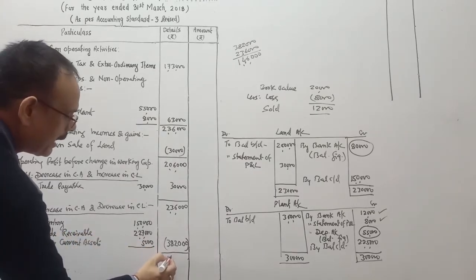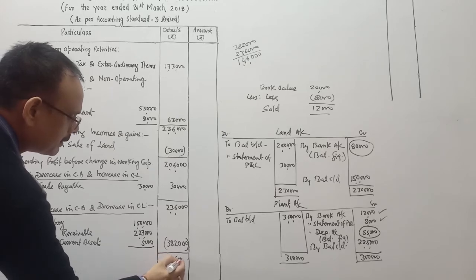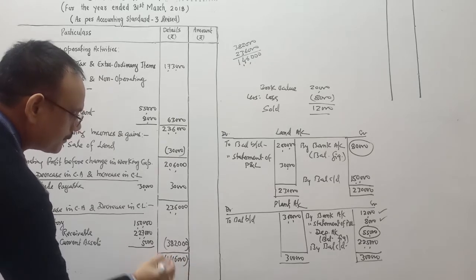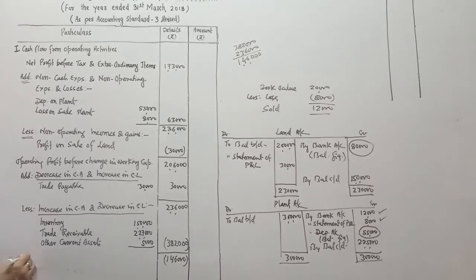You write the 1,46,000. It is still outflow. Less payment of tax. Now we'll do the payment of tax.